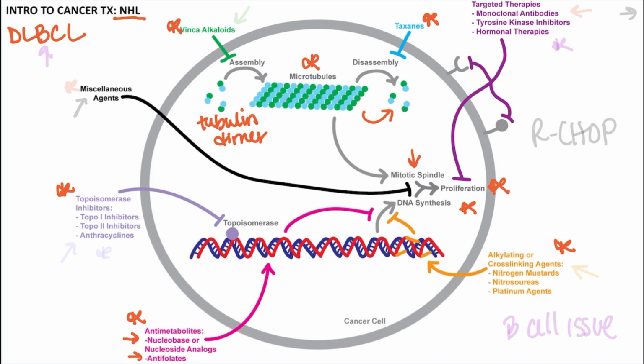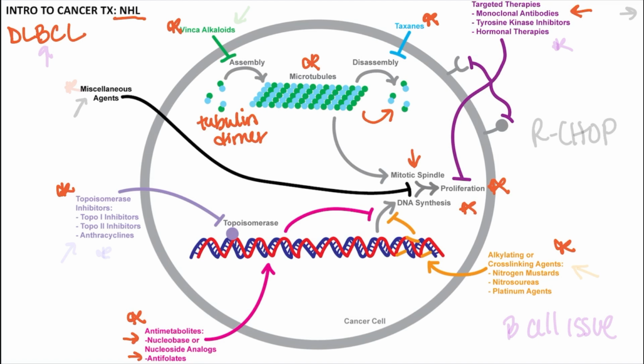Outside of these classes of agents, we have a number of targeted anti-cancer therapies that are chosen based upon cancer type and characteristics, such as receptor upregulation, specific intracellular fusion proteins, and cell surface marker expression, just to name a few examples. These targeted agents can include hormonal therapies, monoclonal antibodies, or small molecule inhibitors, just to name a couple.